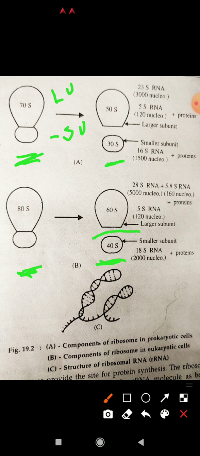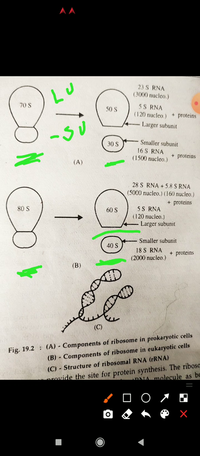They are dense, granular particles, spherical in shape, with a diameter of about 150 to 200 angstroms, and their length ranges between 200 to 250 angstroms, and their breadth is about 150 angstroms. This is the measurement.